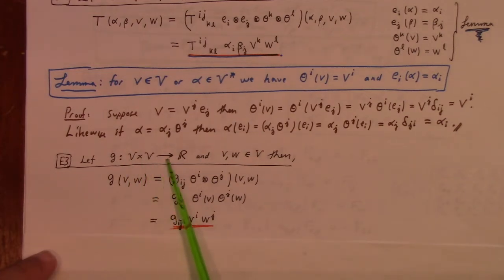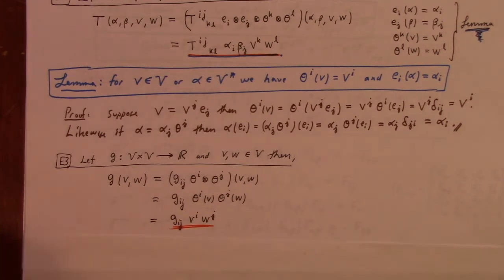This is just a bilinear form, rather. Right, so I guess type (0,2), I think, in our current language tensor. So V, W, and so we can expand g like this, and when you feed V and W into the tensor product of the thetas, you get V^i, W^j like that.